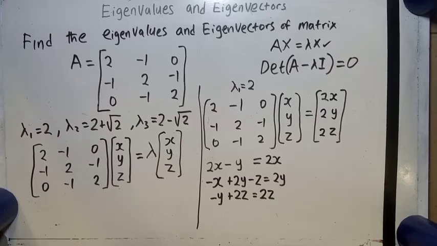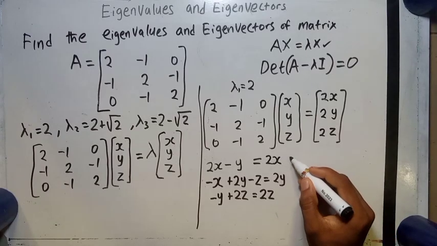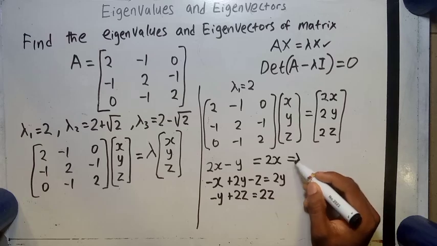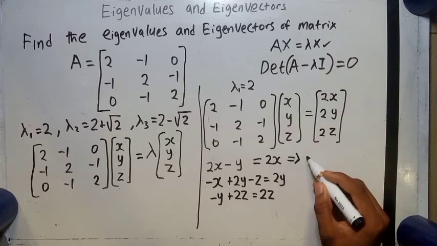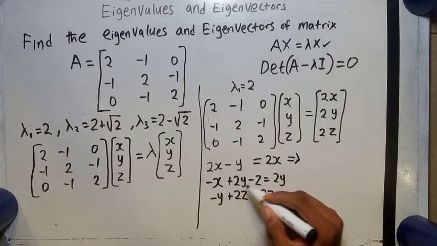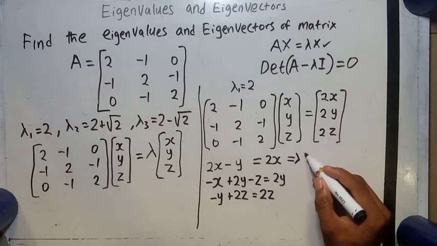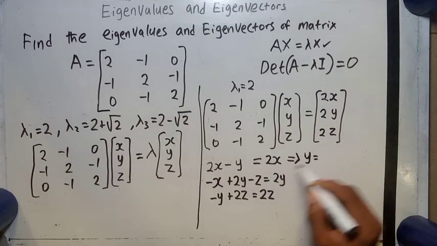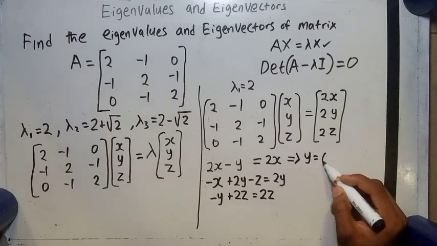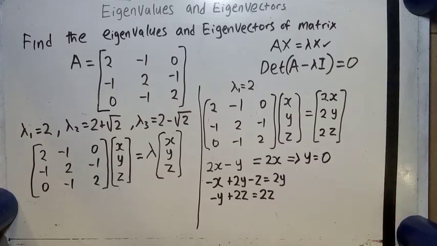Okay, so at least from here we can do something. We can say that when this crosses over, it becomes minus. So y is equal to 0. Wow, is that so? Y is equal to 0. Okay.